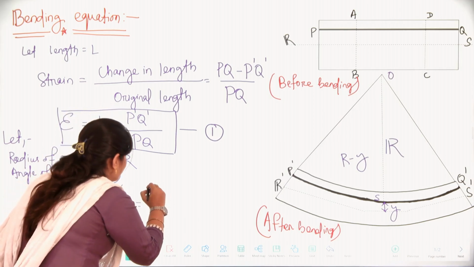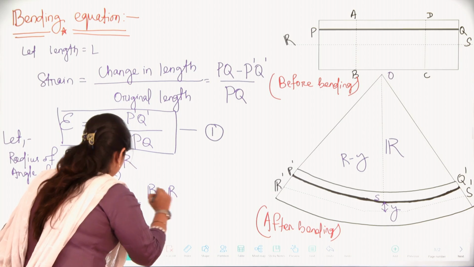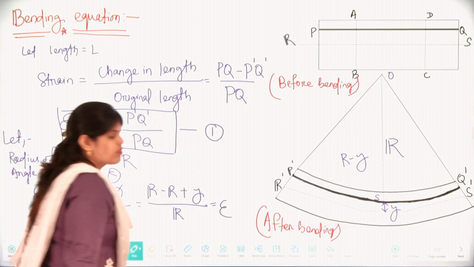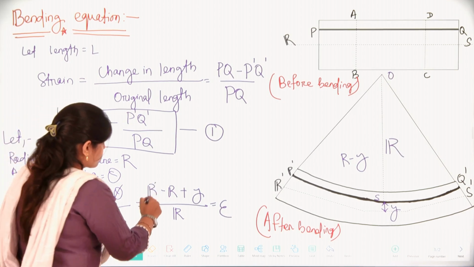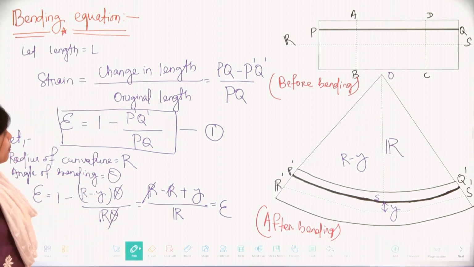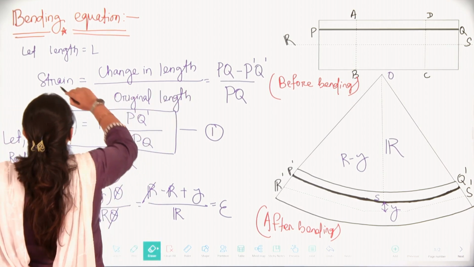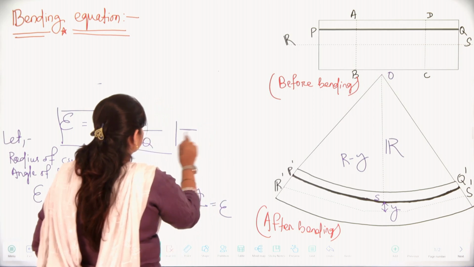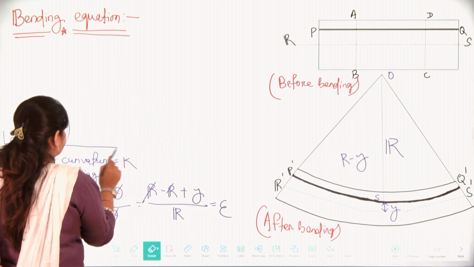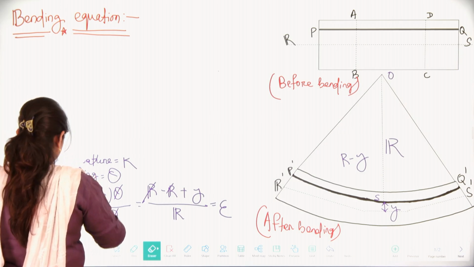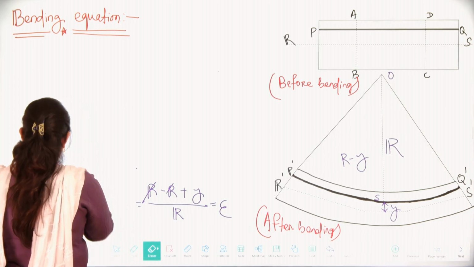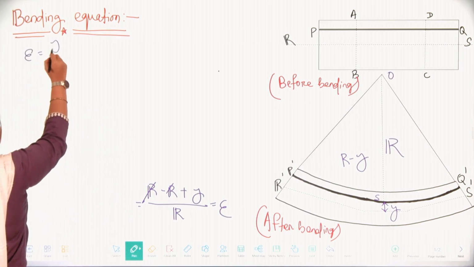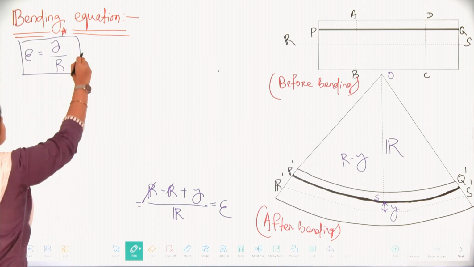Now we can write epsilon, the strain, as R minus R plus y divided by R. So R with R will cancel, and till now we have strain equals y by R. This is also an equation; make it equation 2.